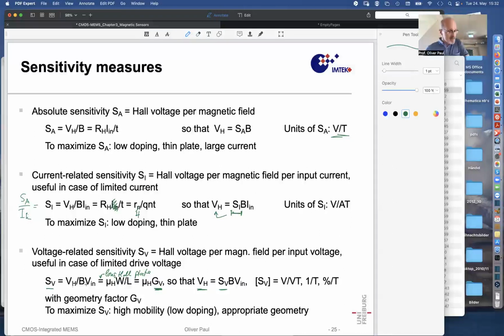And so in this case, to make SV largest, you have the option to maximize this or to maximize that, or both. And the unit of SV is volt per volt per Tesla, or per Tesla, or percent per Tesla. These are the units that you find in the literature.